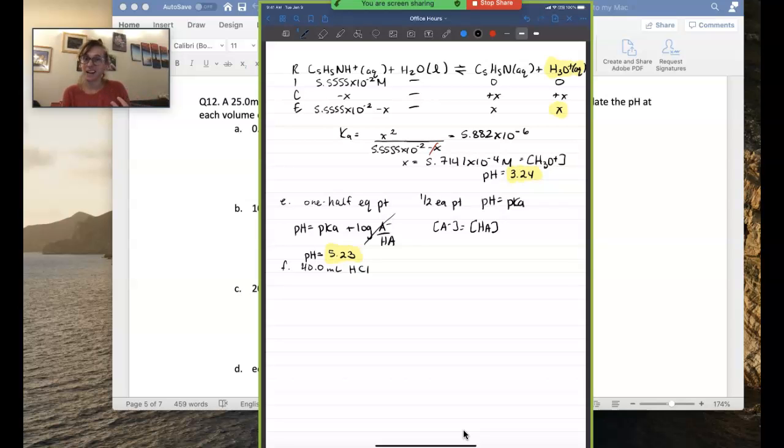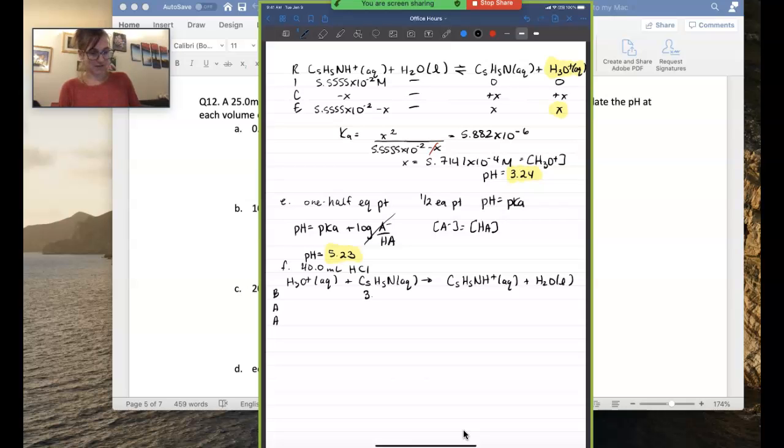Once again, you're adding that HCl, that strong acid, that source of hydronium ions. We need to do an ICE table. So we have the hydronium ion plus pyridine to give you the conjugate acid of pyridine and the conjugate base of the hydronium ion, which is water.